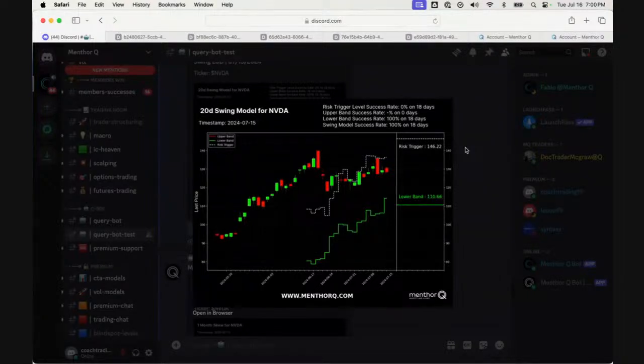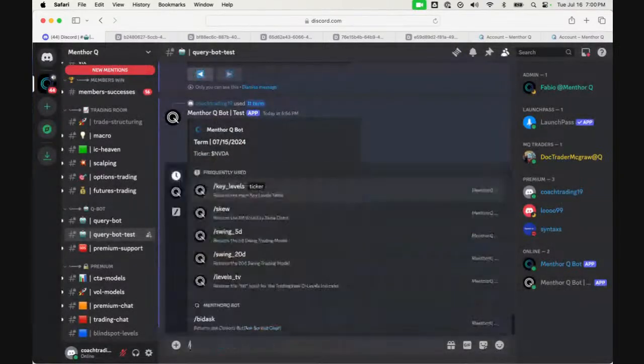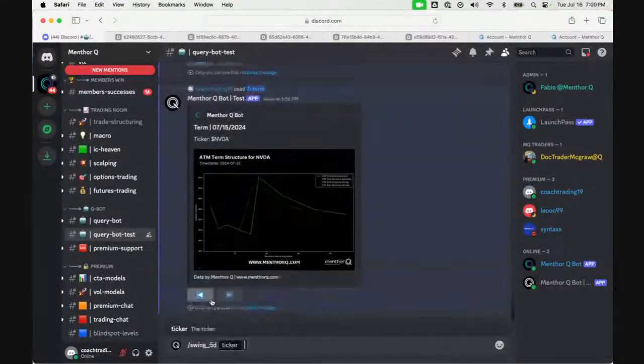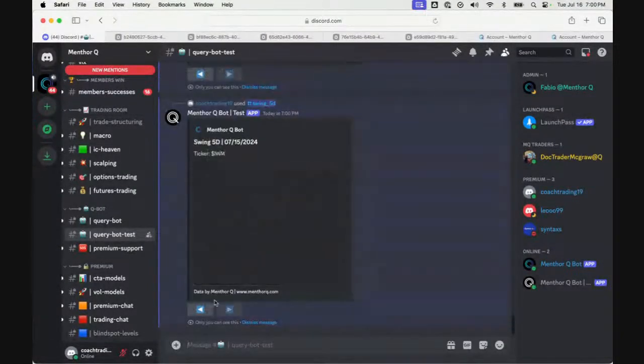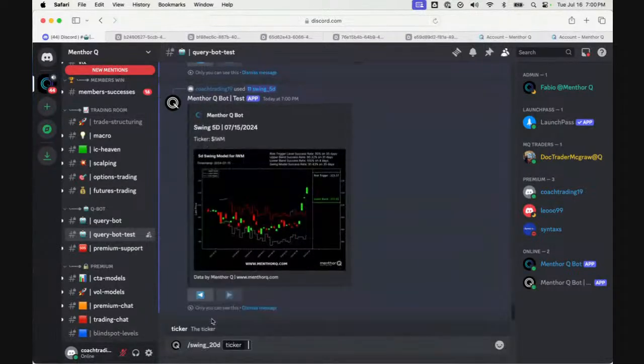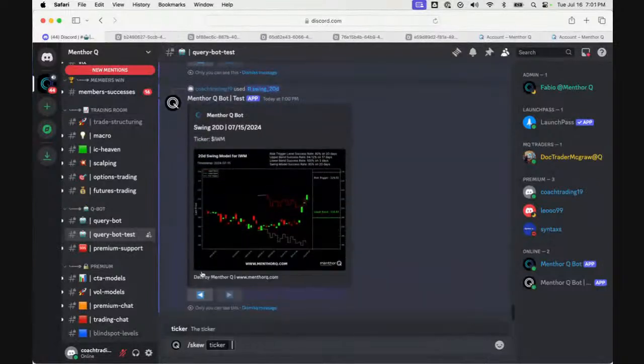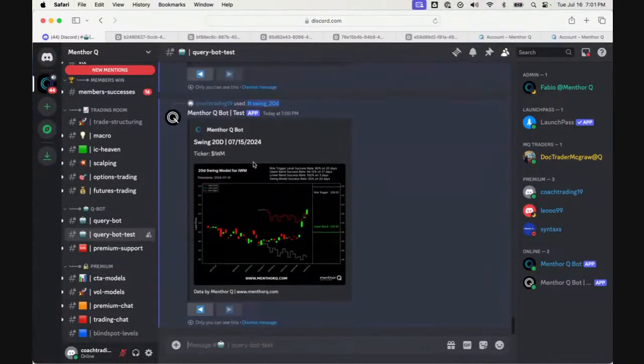Something interesting, if we pull up IWM, let's do a few models on IWM. Now I'm guessing a lot of you have noticed that IWM, the Russell 2000, has blasted off and has been showing relative strength.